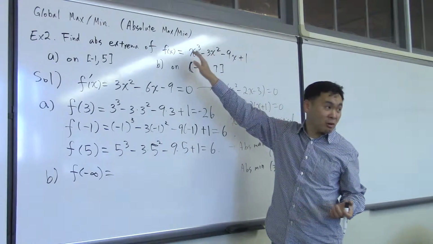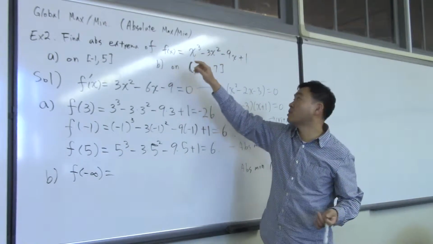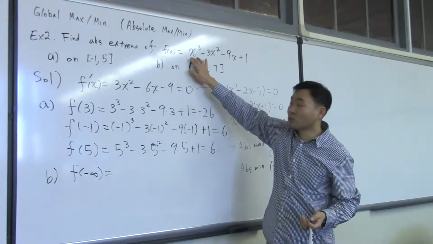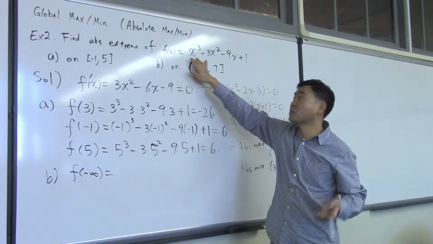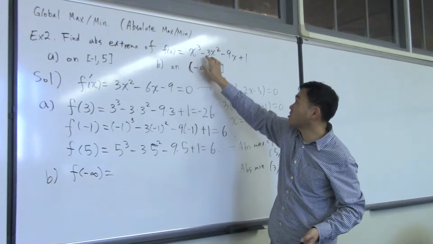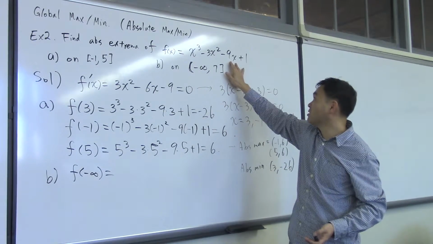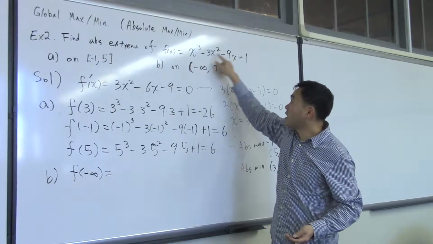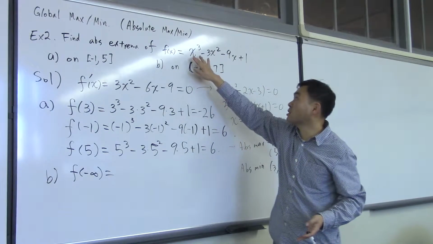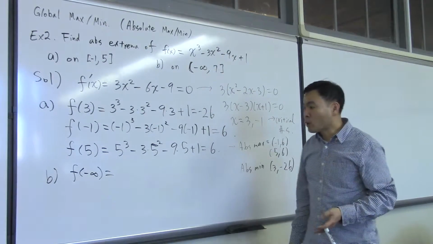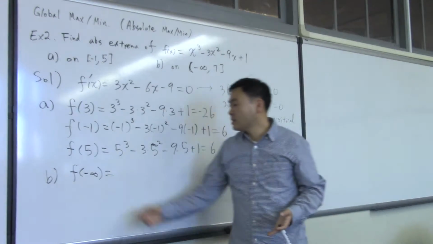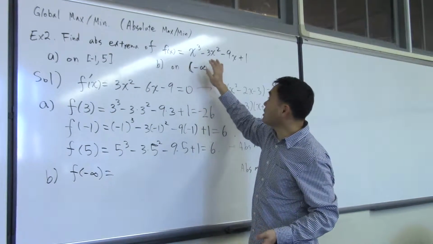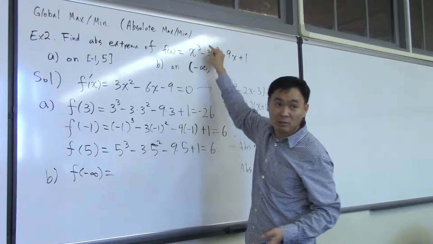Which one will produce the biggest number? 1,000 cubed gives you a billion. The others are just 3 million and 9,000, so they can't compare. And the difference will be much bigger if you plug in a million. So when plugging in negative or positive infinity to a polynomial, you only need to consider what happens to the highest order term.